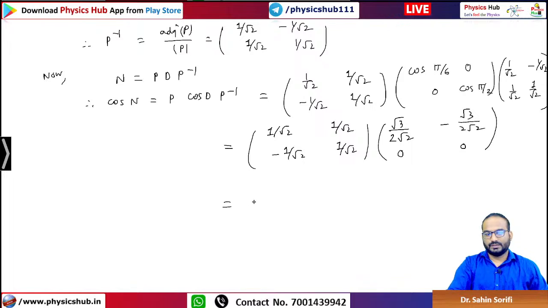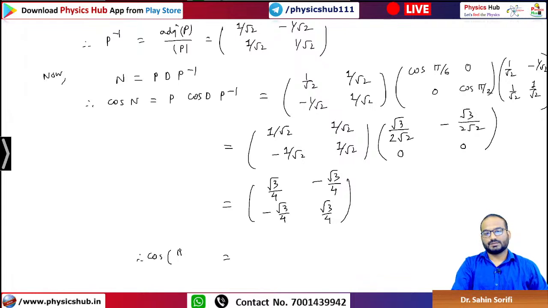And if you calculate, this will give you root 3 by 4, minus root 3 by 4, minus root 3 by 4, plus root 3 by 4. So we can write it as cos pi M by 6 equals root 3 by 4, you take common, 1, minus 1, minus 1, plus 1.